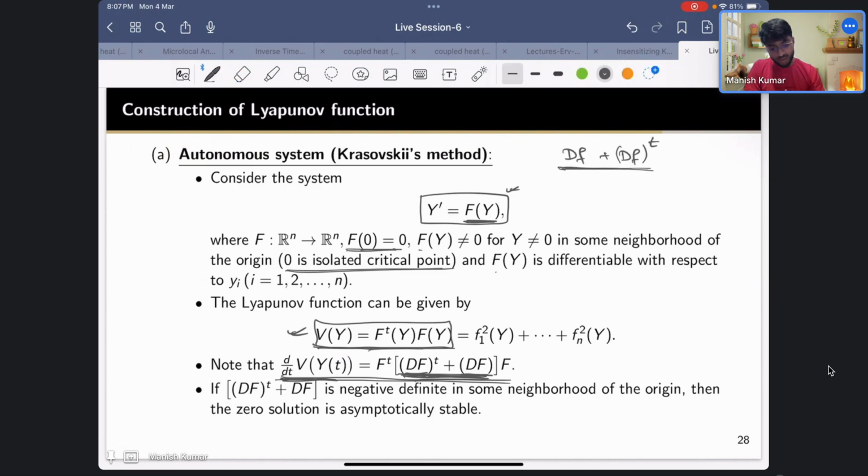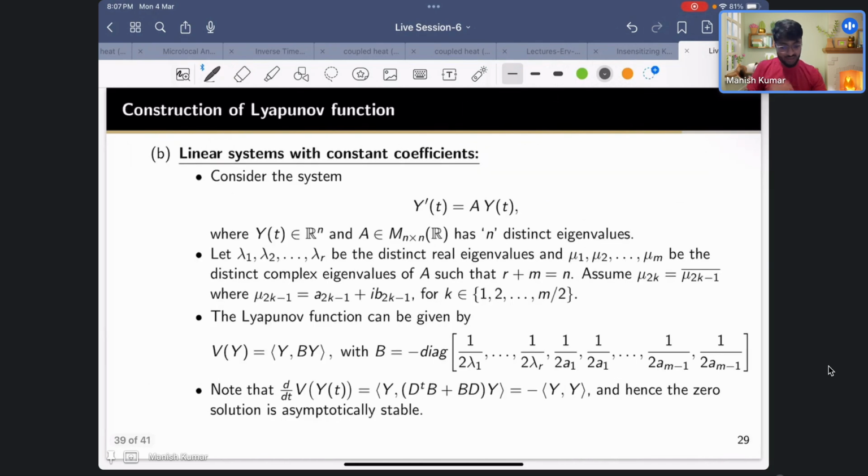The other one is for the linear system. If you have a linear system like this, then under certain special cases, when the matrix you are considering has distinct eigenvalues, that means it is diagonalizable, you construct this B matrix, and this is the Lyapunov functional.